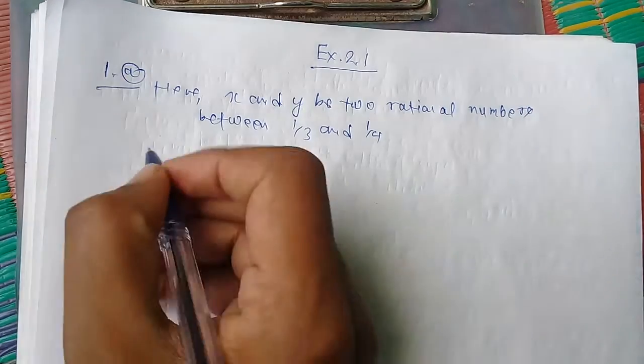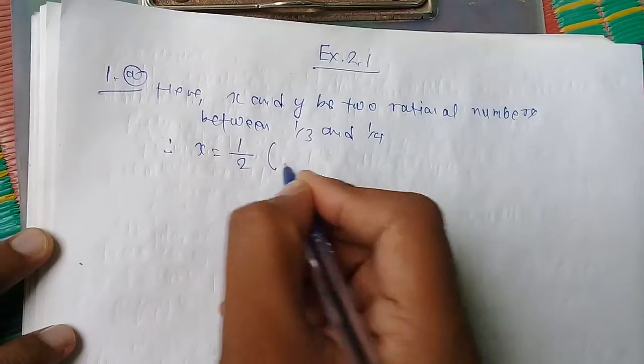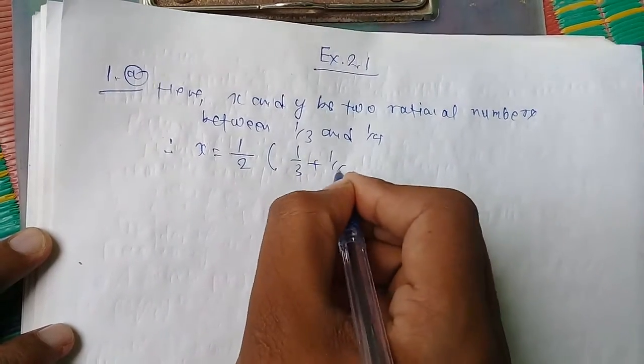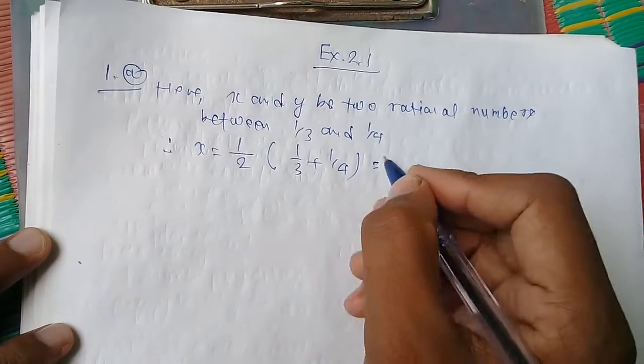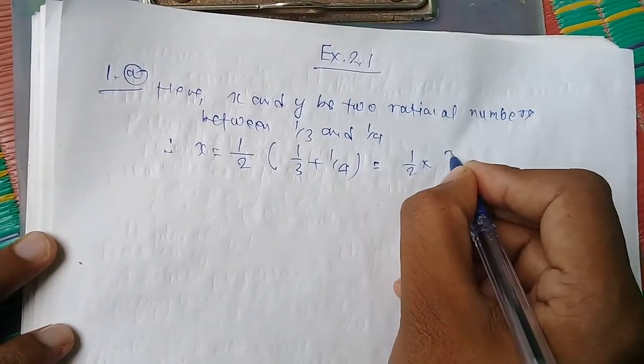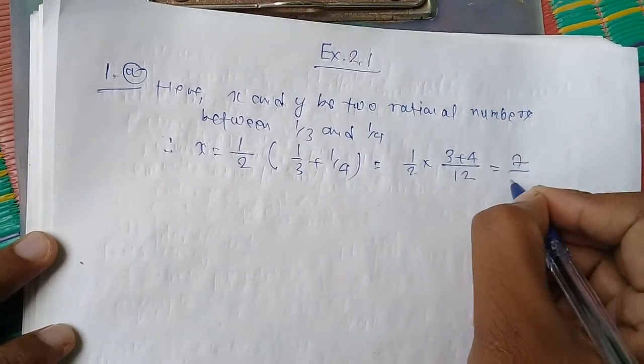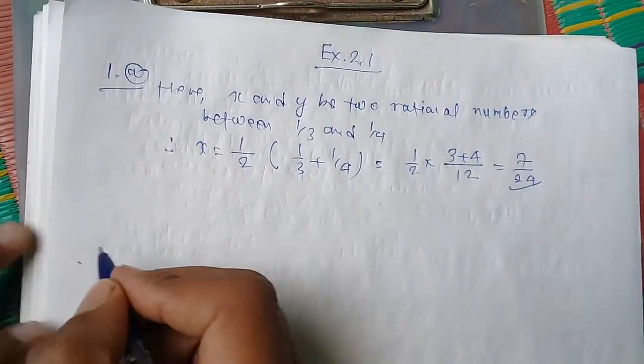Therefore x is given by half of 1 by 3 plus 1 by 4, after adding. So 1 by 2 into (3 plus 4) divided by 12, that is 7 by 24.